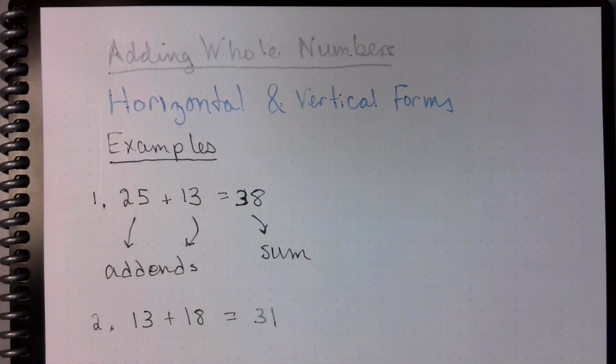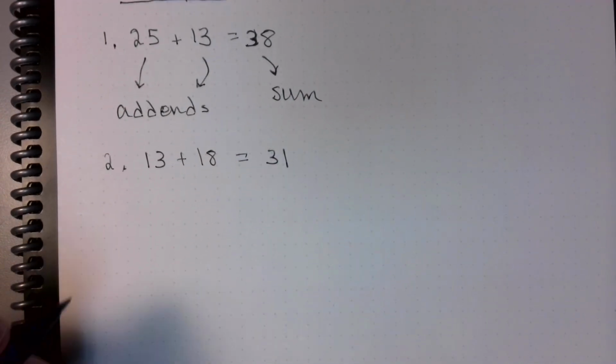Okay, so that does involve some carrying there, right, because the digits in the ones place added up to 11. So I can't write 2 tens and then 11 in the ones place. I have to carry over a 1 to the tens place. And that becomes a little bit more evident when we do something in vertical form like this.